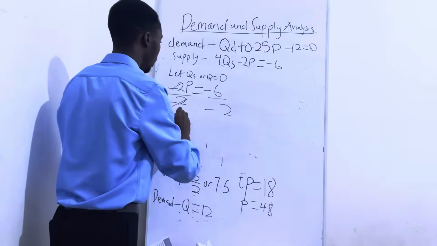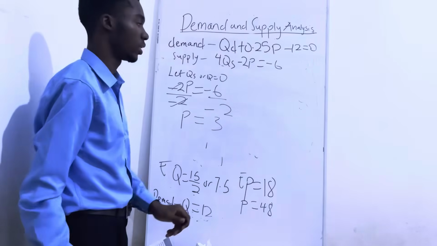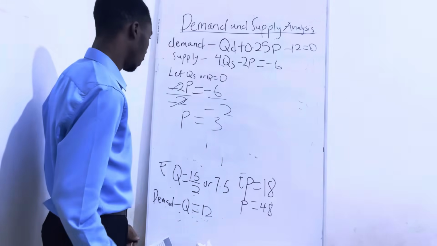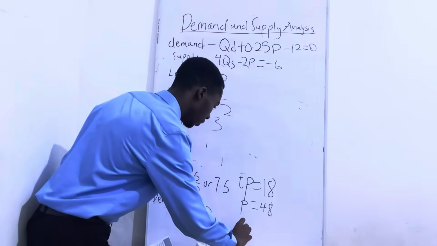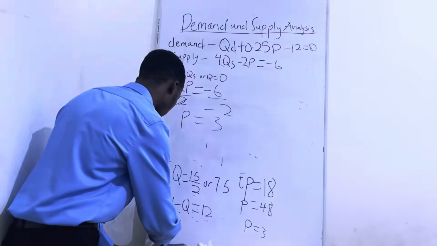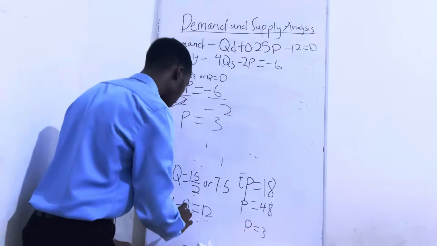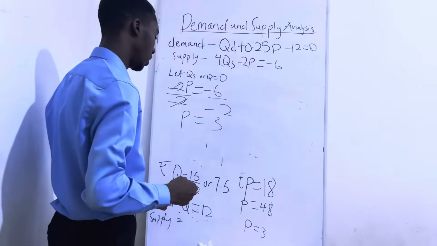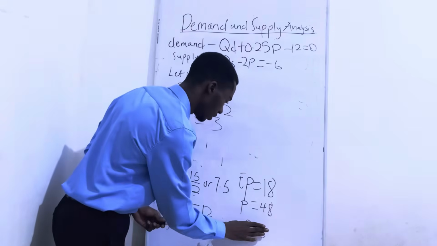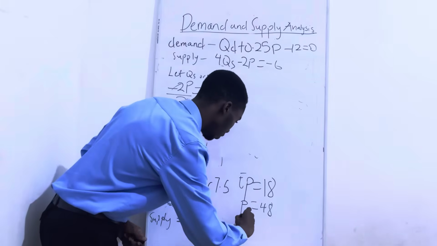So P will be equal to 3. Negative 6 over negative 2 is 3. This is for the supply. So our P will be equal to 3.